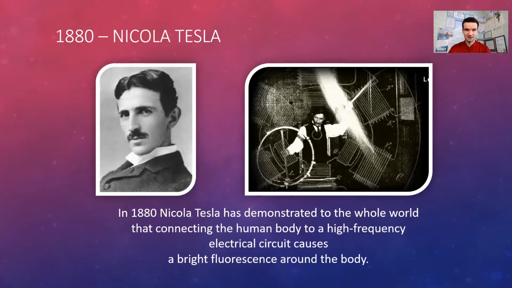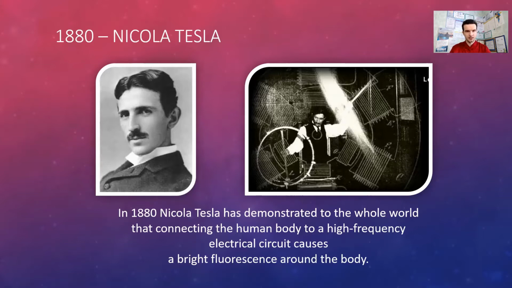You probably know that during this kind of glow, lots of ozone accumulates in the air, and it's not so healthy to breathe air saturated with ozone. But at least Nikola Tesla showed that the whole body can emit this kind of glow, and also different types of conductive objects.